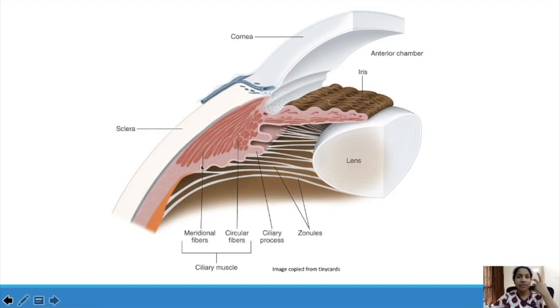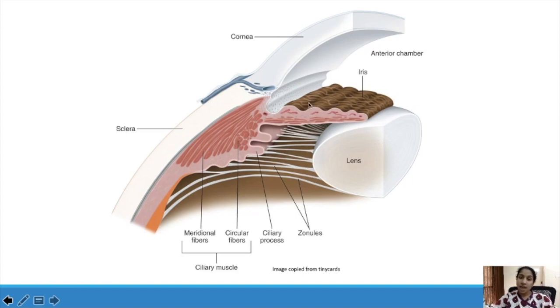You can see zonules emerging from there, and the ciliary muscles inside will constrict and relax, and thus accommodation of the lens will happen. So the ciliary processes and the zonules help in accommodation of the lens.